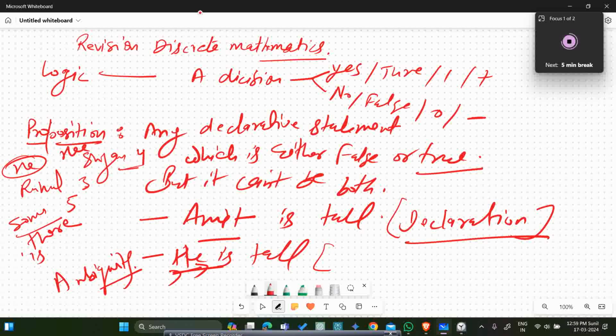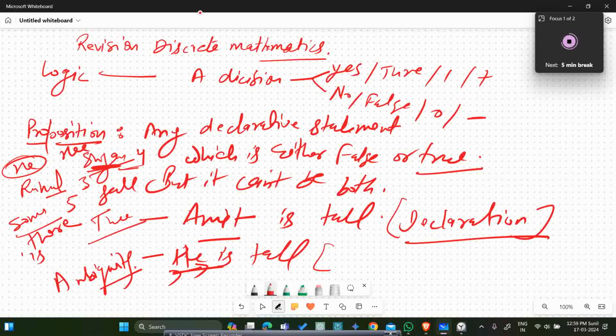But if we are putting he, let's say we are comparing he to Syam. If he is Rahul, then it is false. If he is Sonu, then it is true in comparison to Syam.